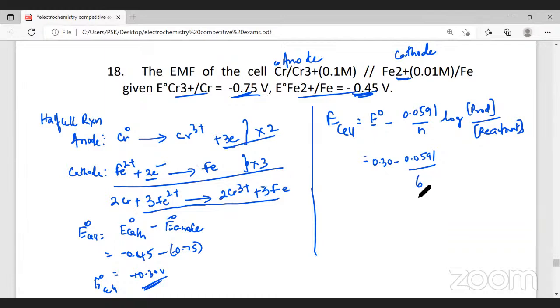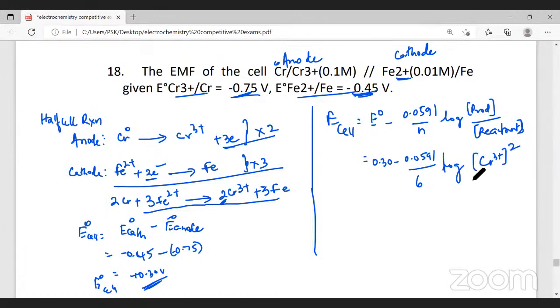Did you follow why I'm writing n value to be 6? Yes, sir. Now log of, what is the product here? The product is Cr3 plus and the reactant is Fe2 plus. Cr3 plus ion concentration I write to the power 2 because the coefficient is 2.